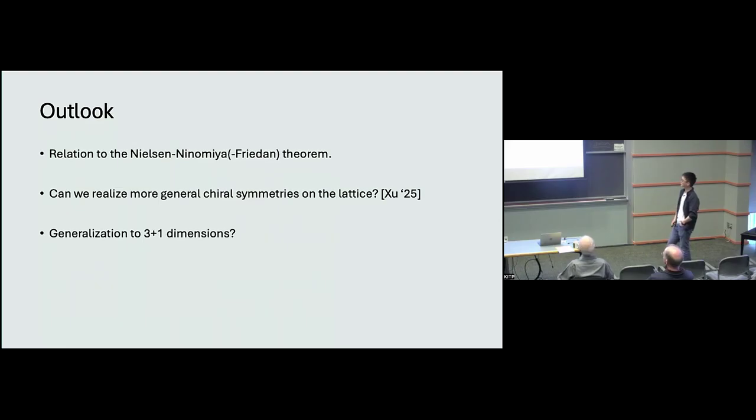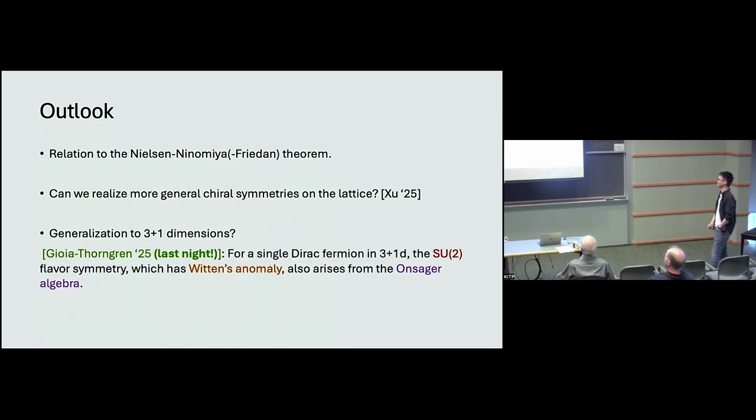Now, this is where my slides ended before yesterday. But last night on arXiv, there was an interesting paper by Joya and Ryan Thorngren, where they generalized our story to 3+1d. So they consider a single Dirac fermion in 3+1d and consider a lattice Hamiltonian realization of this theory.